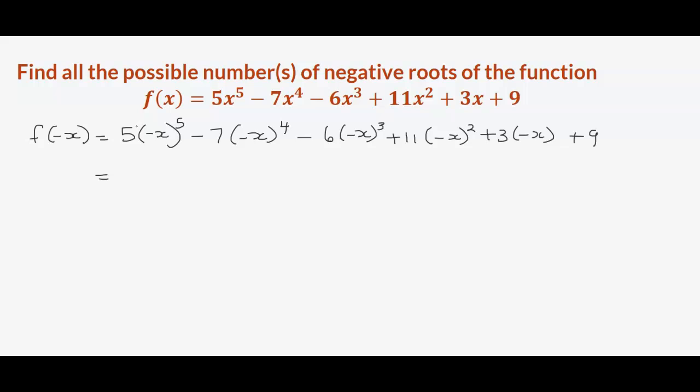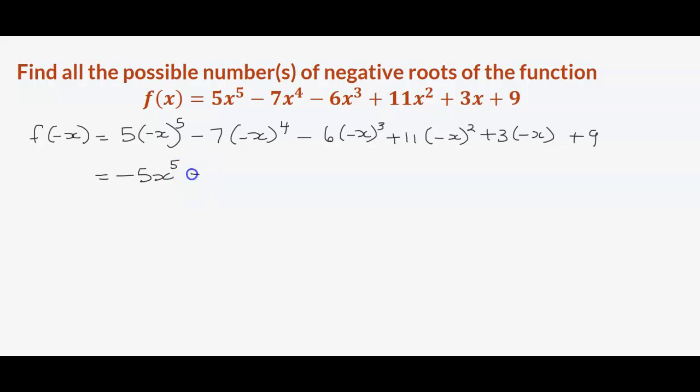Okay, so what's going to happen here is negative x to the 5th power. Anytime you have a negative value and you're raising it to an odd exponent, your answer is always going to be negative. So we're going to have negative 5x to the 5th power, and then negative x to the 4th power. Whenever you raise a term to an even exponent, you're always going to get a positive number.